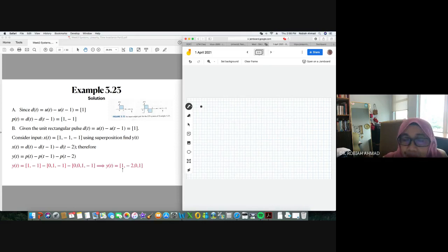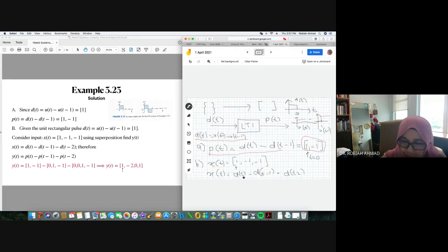So in terms of output, our YT in terms of the output PT, it depends on this equation lah.